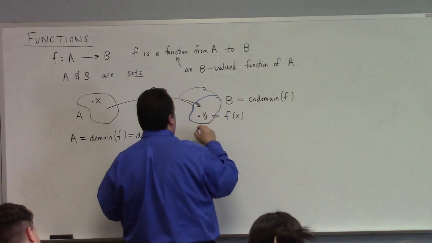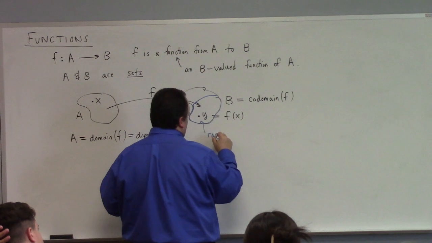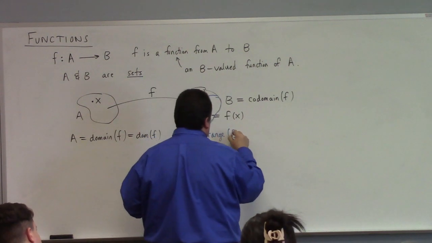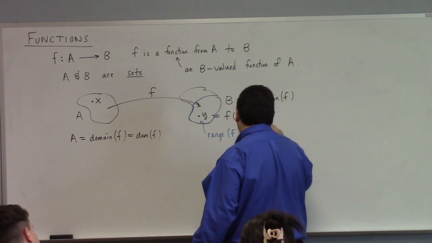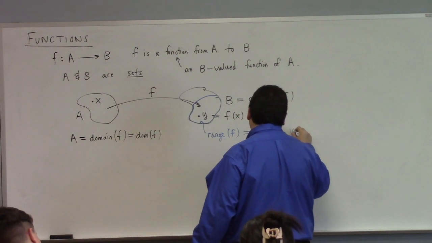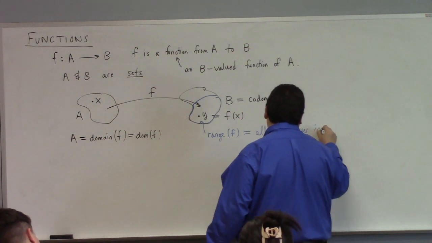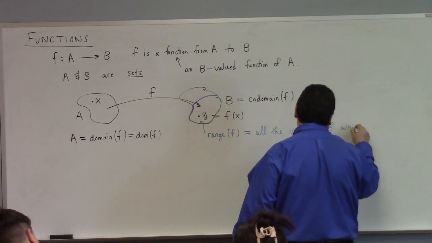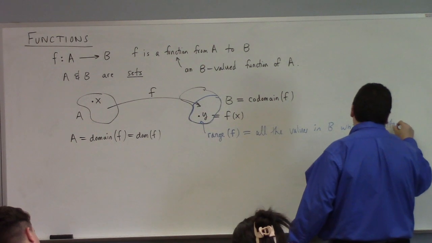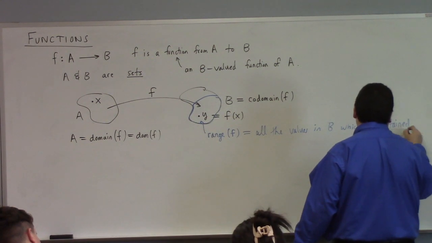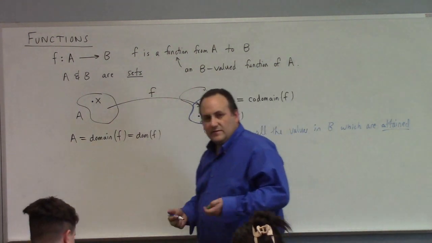This might be the range. But you're right, Michael, that y would be in the range. So the range of f is equal to all the values in b which are, let's say, attained, which is just a fancy word for saying they're actually reached, okay?